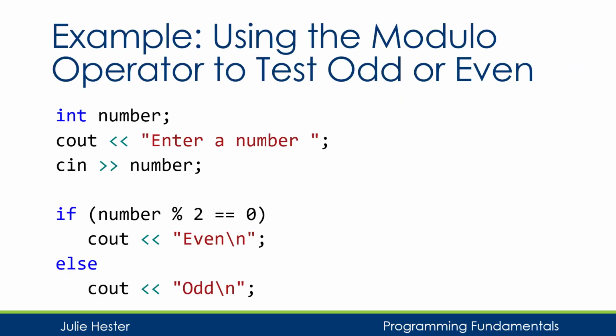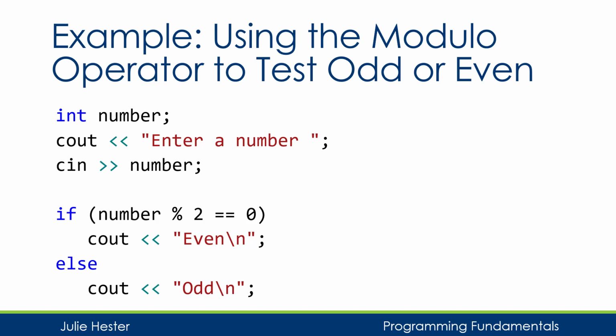I can also use the equivalence operator to do other things like test to see if a number is even or odd. So in this example, I'm going to get a number from a user, and then I'm going to use my modulo operator to see what happens when I divide that number by 2. If I don't have a remainder, then it's an even number.